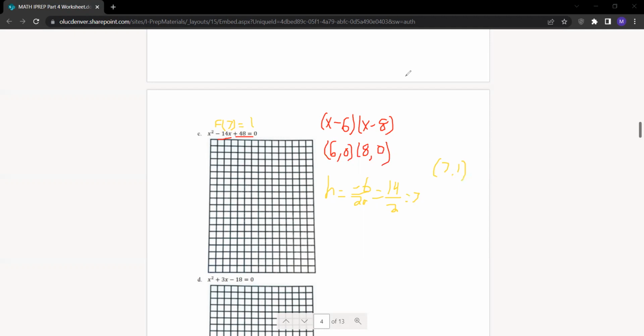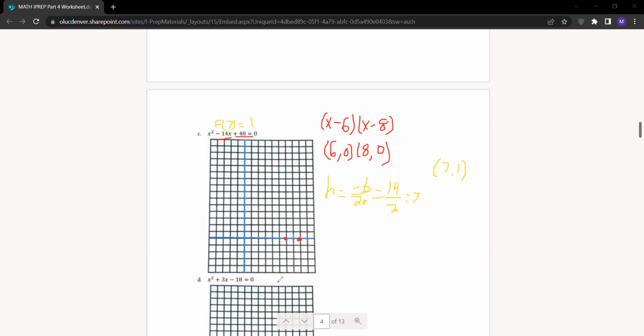Now we have our points, so we can go ahead and graph that out. First, we can draw our lines thicker. And then we just have to graph our points. Our x-intercepts are 6 and 8, so we have 1, 2, 3, 4, 5, 6, 7, 8.